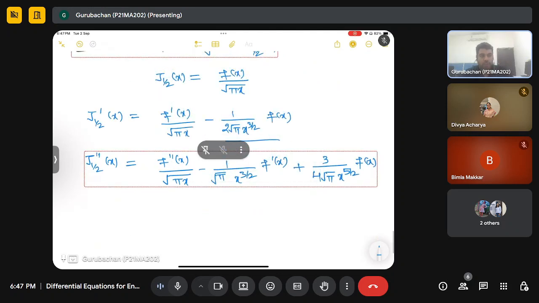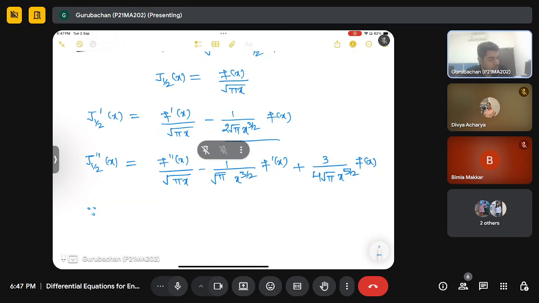Now we can substitute these values into the given differential equation, because we know that x square J half double dash x plus x J half dash x plus x square minus 1 by 4 J half x is 0.